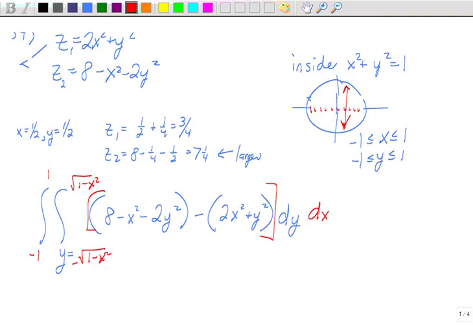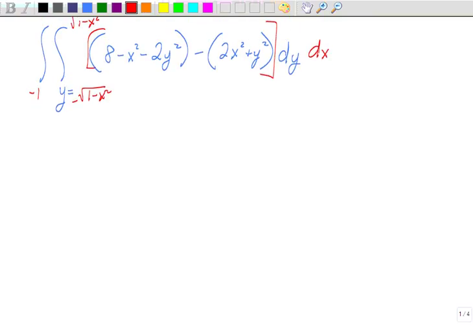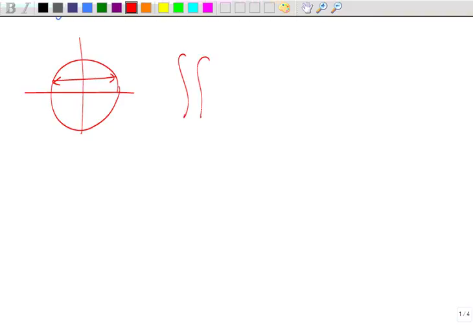If we go the other way on this circle, horizontally, that's going to be z2 minus z1.